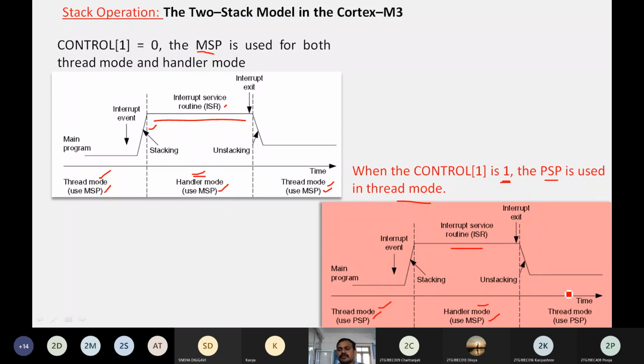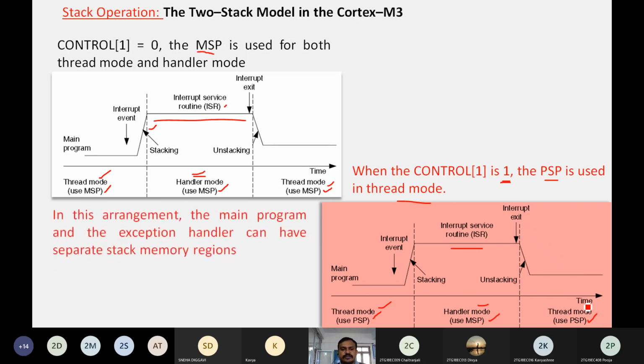Once again, we move to execution of main program, that is nothing but thread mode, with the help of the special stack, that is process stack. In this arrangement, the main program and the exception handler can have separate stack memory regions.